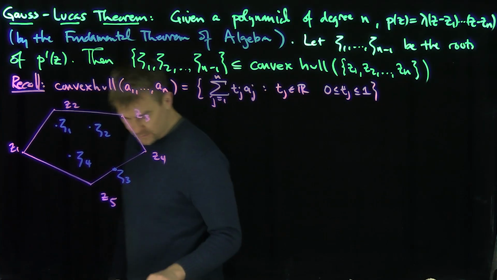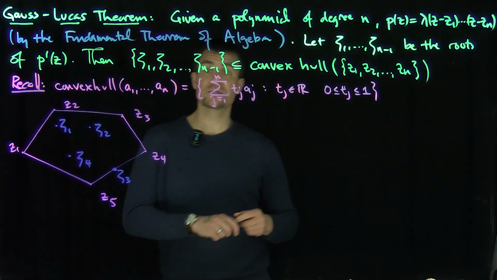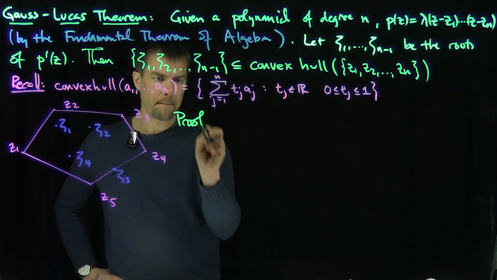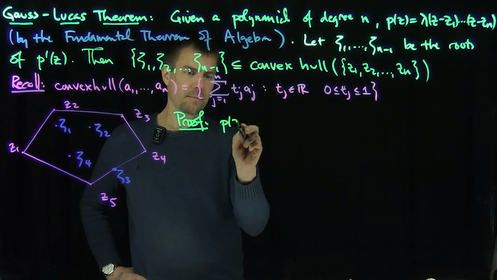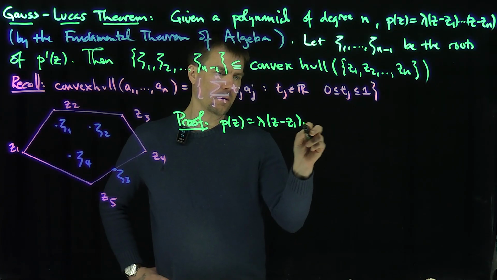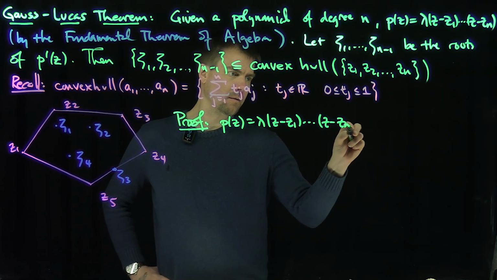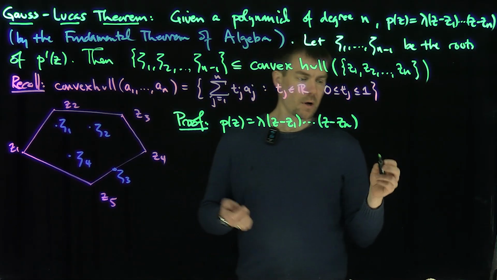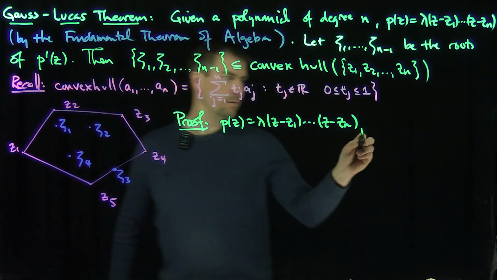Let's prove it. So I have to somehow come up with this linear combination. Here's the idea. Let's consider the proof. If P of z is lambda times (z minus z1) through (z minus zn), then I'm going to take the logarithmic derivative of this thing. I'll tell you what that means in a second.